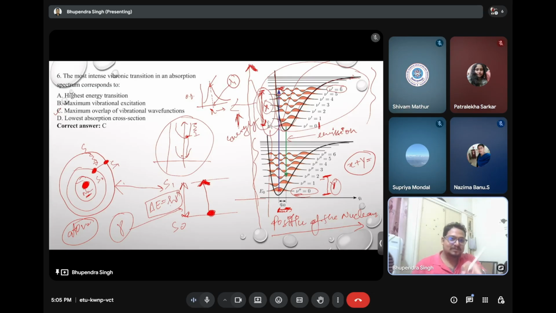That is why this change is always there, and the potentials are not drawn one directly above the other. That is why the nuclear position is different. Read about the Born-Oppenheimer approximation. Okay, fine. I think I've given you the answer. Nice. Okay.